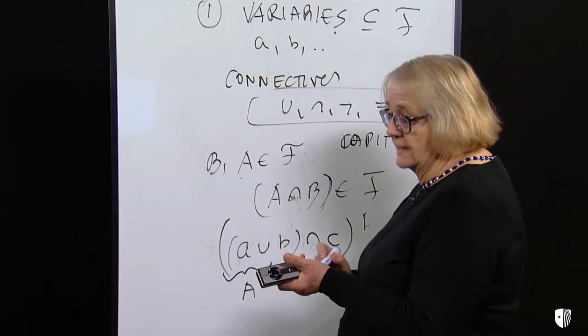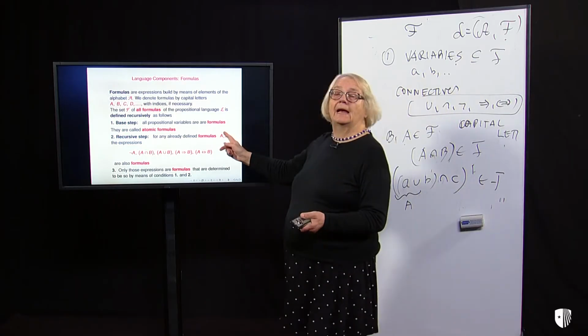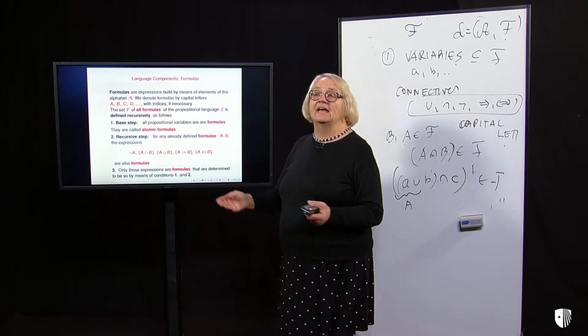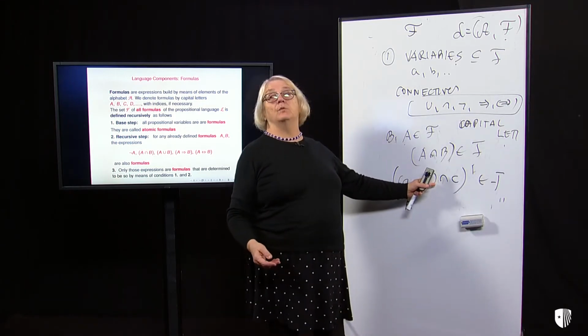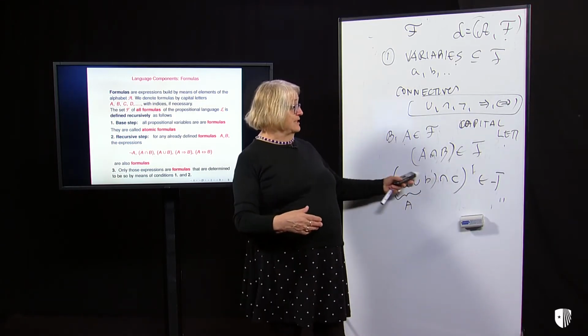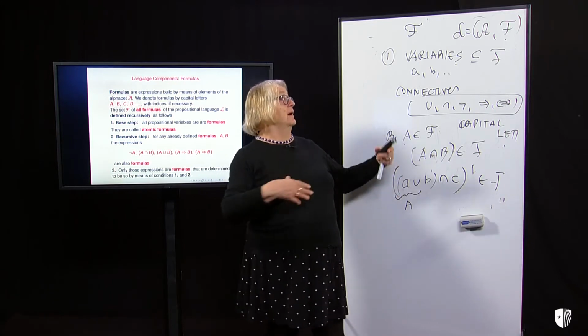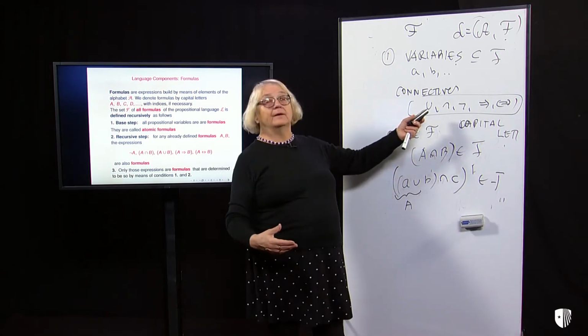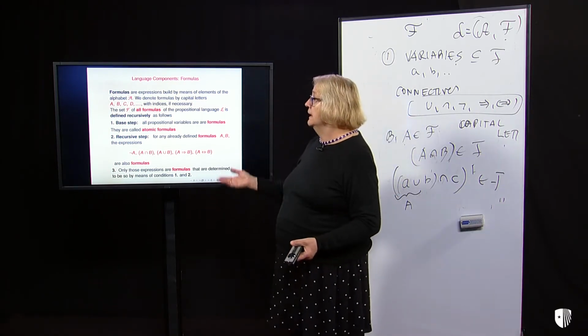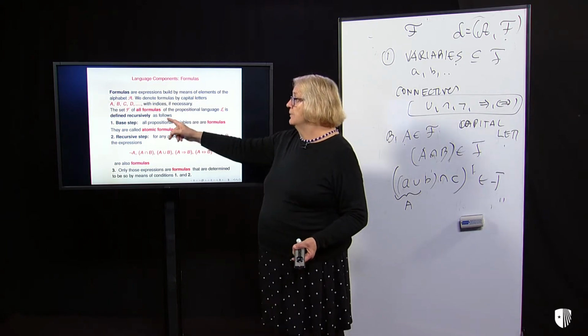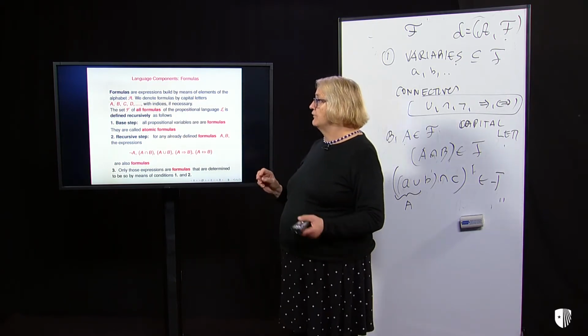I want to stress that when you see a capital letter, it can be a complex formula, a complex expression built out of our alphabet and connectives in a certain way. And if you use small letters, this is only for variables.